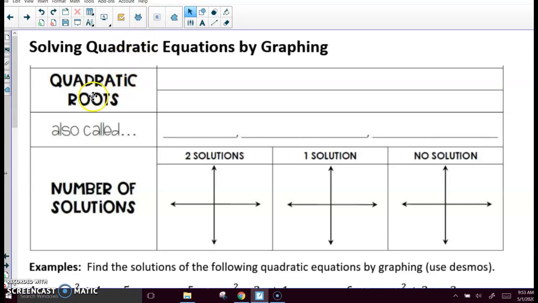So let's look at the definition of quadratic roots. What is meant by a quadratic root? Well, it's where the graph crosses our x-axis. So let's write that out in definition.